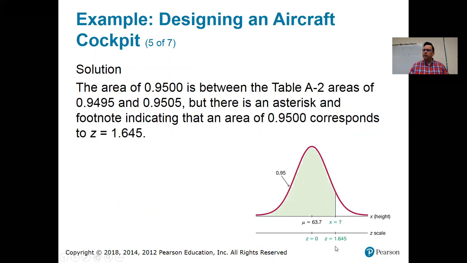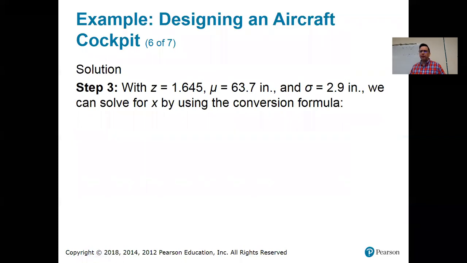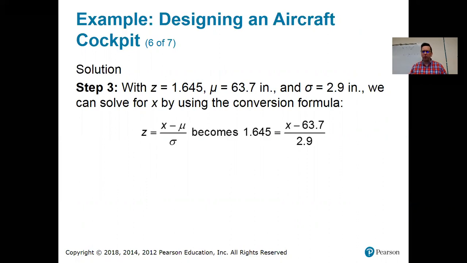Okay. So now what I have to do is convert that z-score of 1.645 back to a woman's height. Okay. Using the fact that women's heights are normally distributed with a mean of 63.7 and a standard deviation of 2.9. Okay. So we will use, oh, they're using this formula. You might find it a little simpler to use this one.